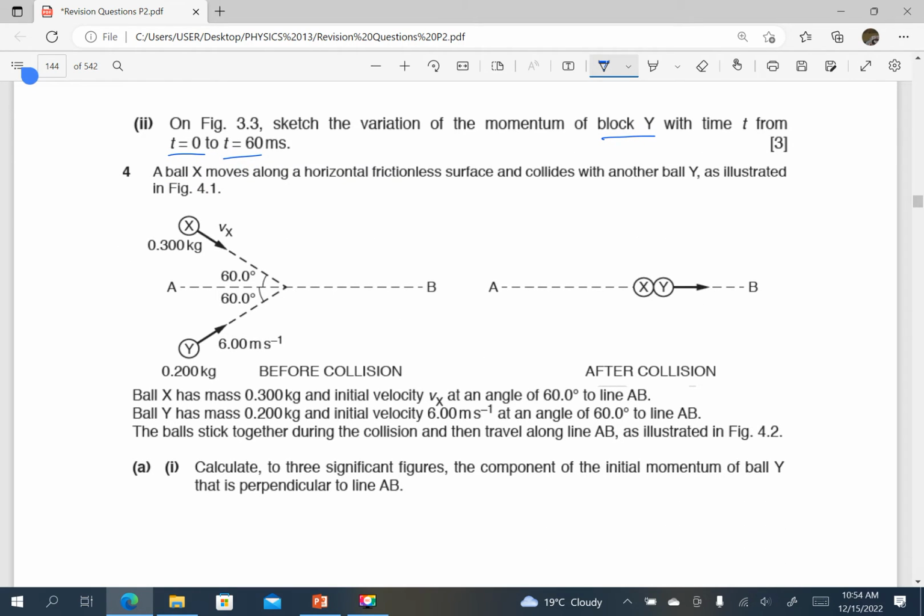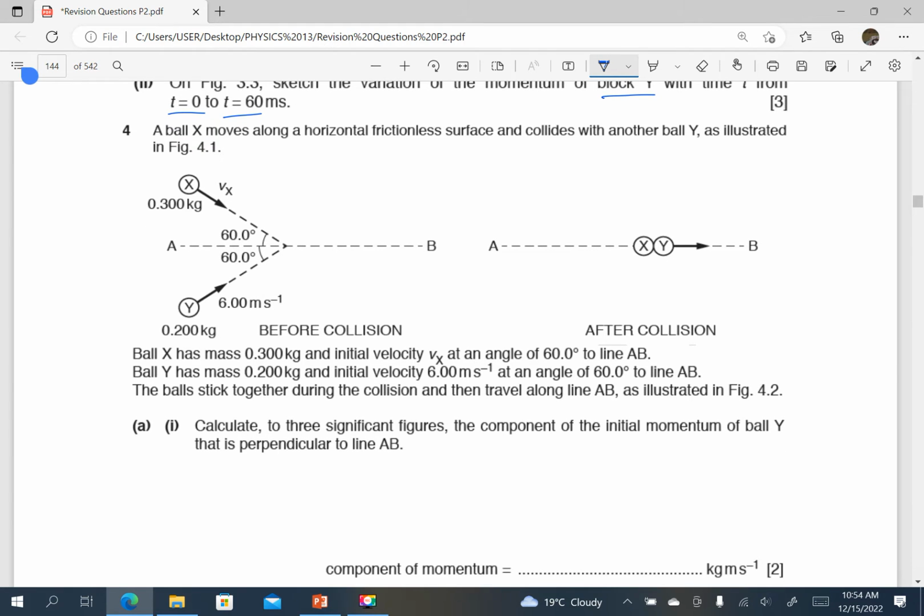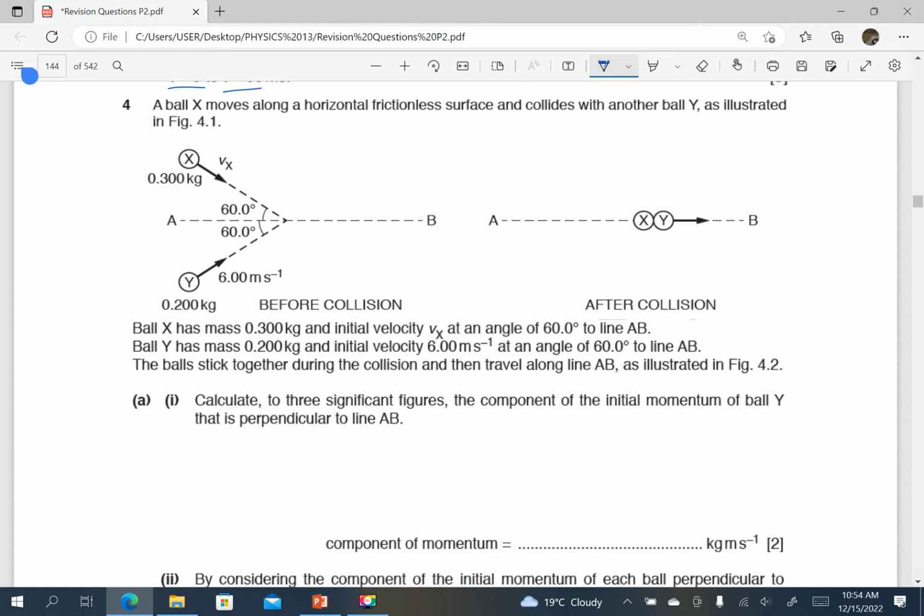A ball X moves along a horizontal frictionless surface and collides with another ball Y, as illustrated in the figure. Okay, so we see X and Y, they are moving at an angle before collision.